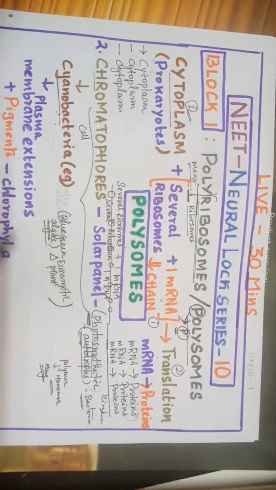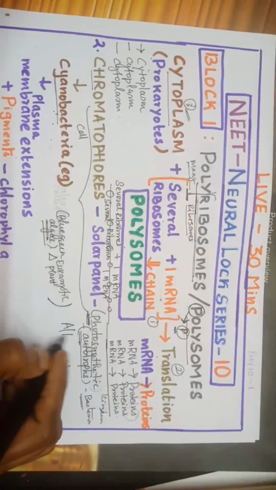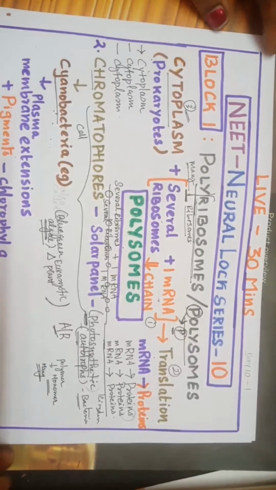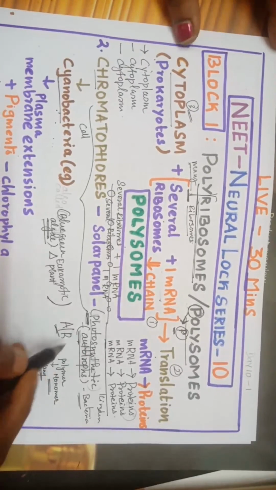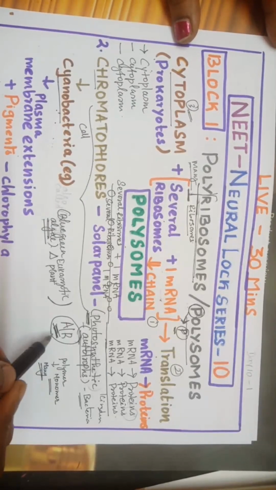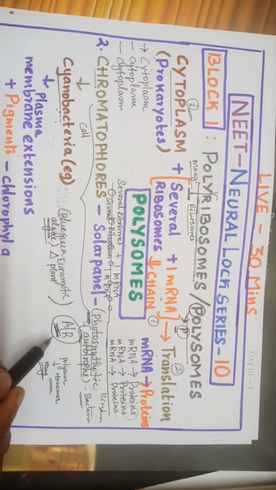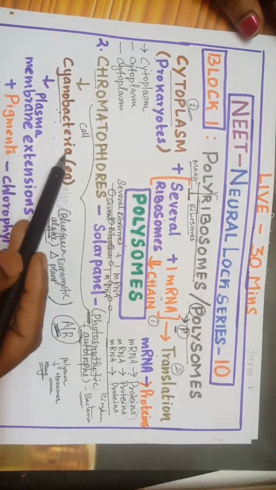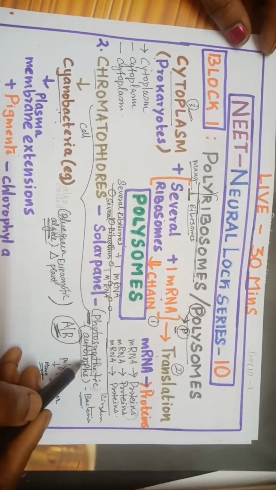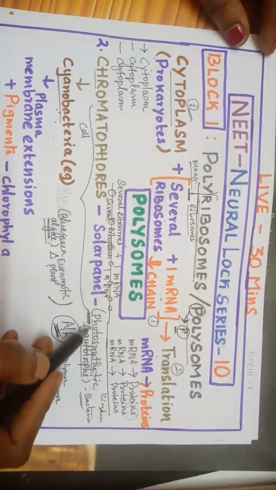They can ask this as an AR type of question. When I studied, I didn't get this, but while explaining to you, I myself found that this can be asked as an AR type of question. What do you think, students? This can be asked as AR type, right? Assertion: cyanobacteria are able to synthesize their own food because they are photosynthetic autotrophs.